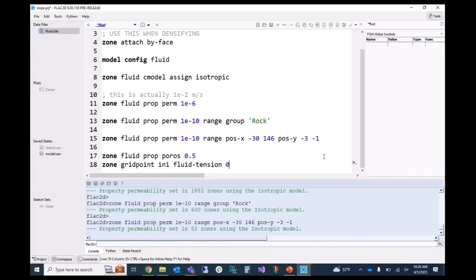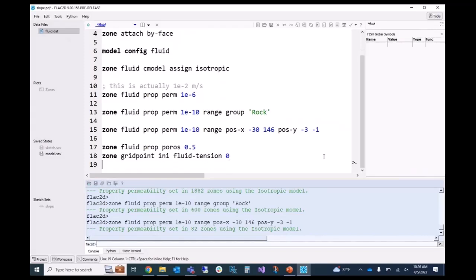Maybe you don't care. Most of the time, you probably have a situation where it hits a certain level of negative pore pressure and it starts to desaturate, right? And so in this case, we're going to say, well, if the pore pressure goes to 0, it's going to start desaturating. But you need to tell it that. You need to tell it that 0 is the cutoff. And if the fluid pore pressure drops to 0, instead of going into negative territory, it's just going to start desaturating.